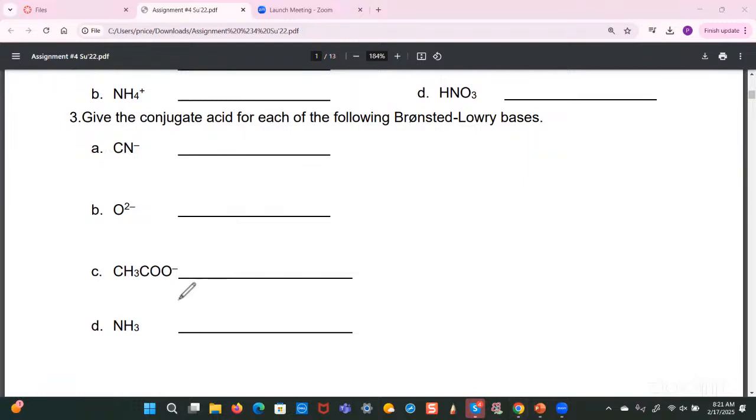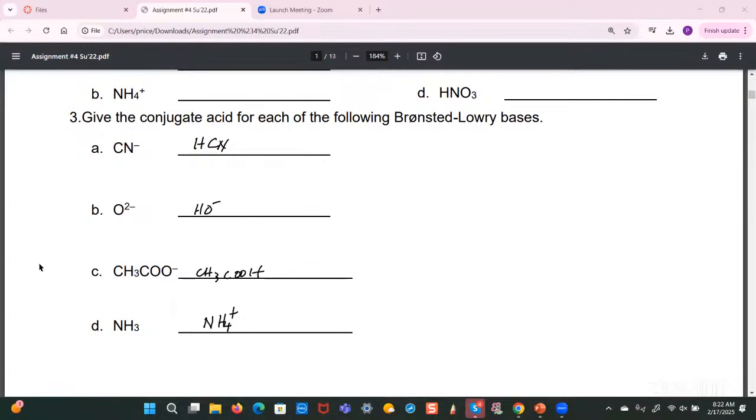Just a reminder, this is HCN, this is OH minus, this is CH3COOH. And in the case of NH3, what is formed when it gains a hydrogen ion? NH what? 4. NH4 plus, exactly. And that's how we do number 3. Okay, any questions? Any questions?